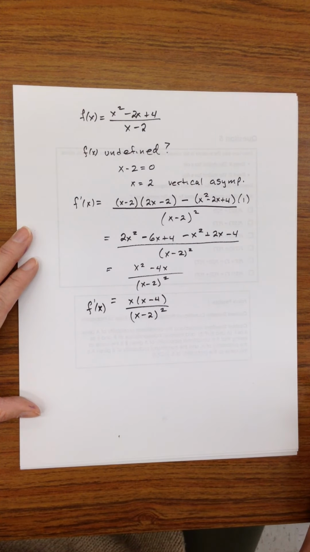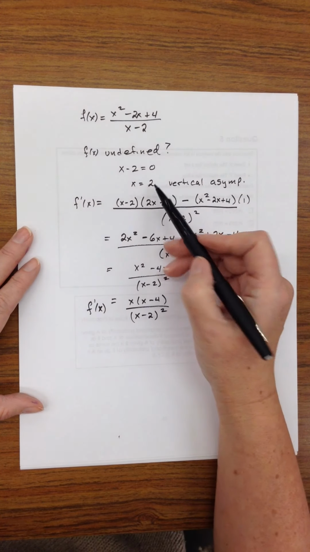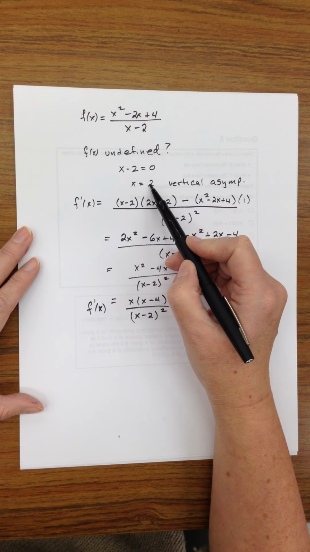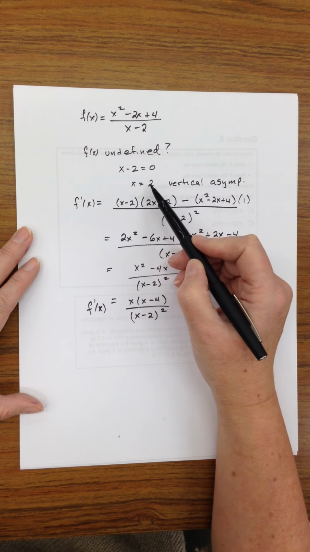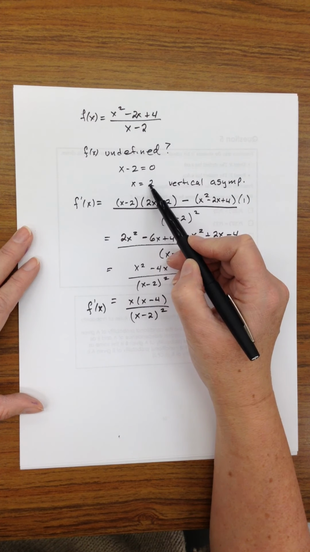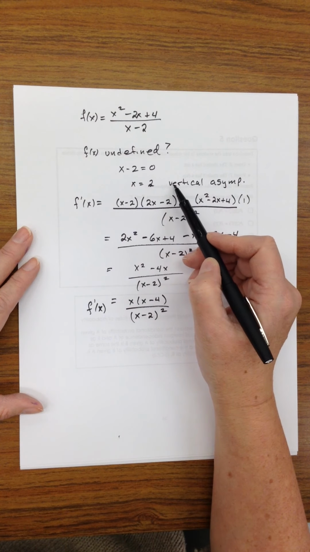All right, so at this point in time, we already know that 2 is a vertical asymptote. 2 cannot be a critical number because the function itself is not defined at 2. So while 2 is included in our intervals, it is not a critical number. It's an asymptote.